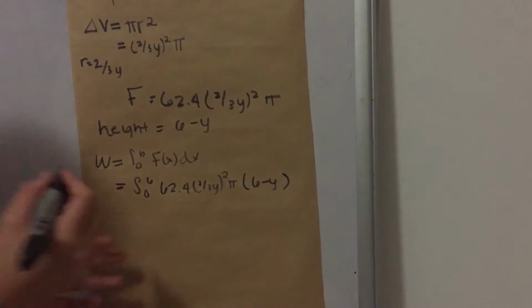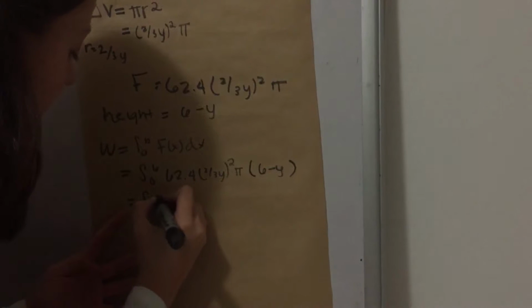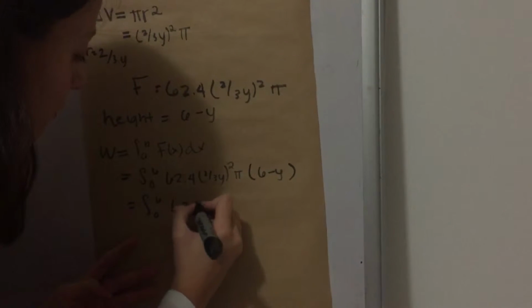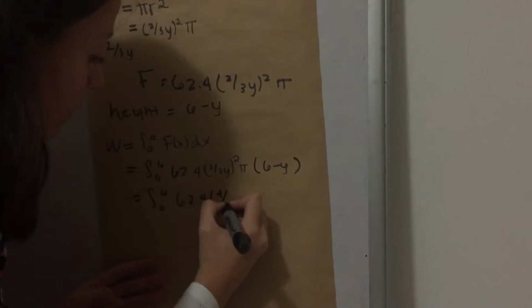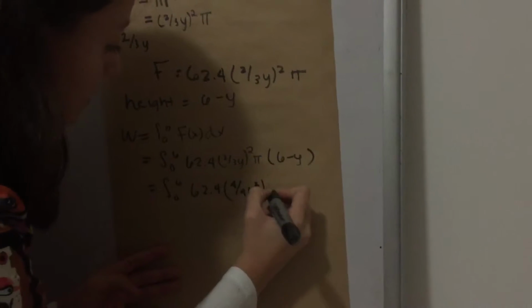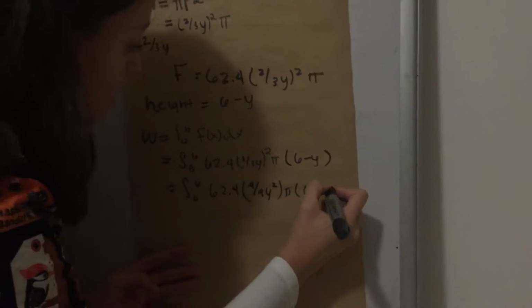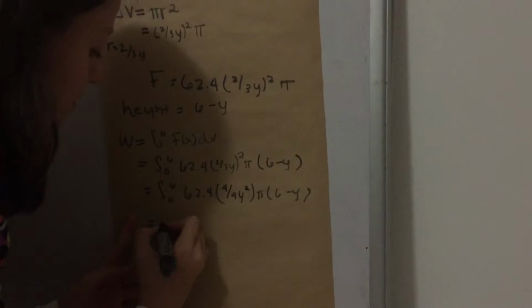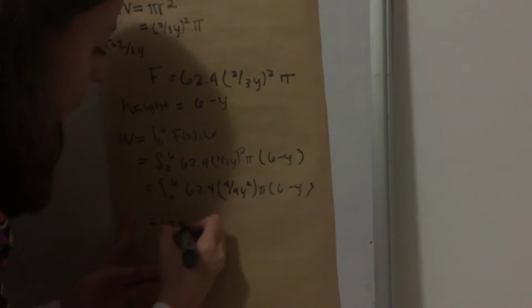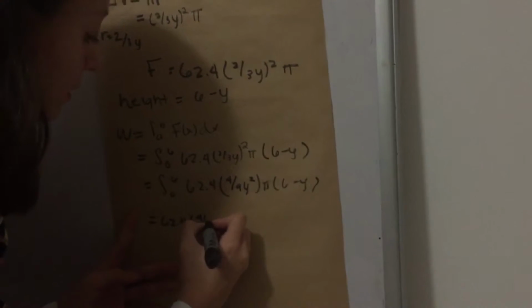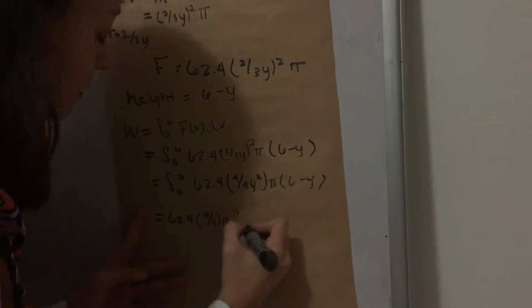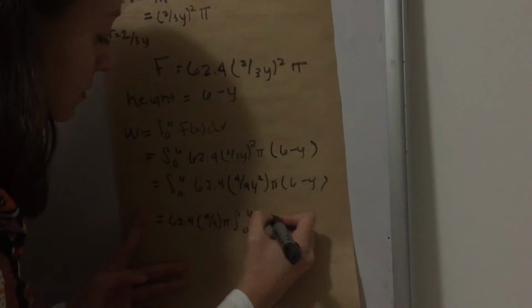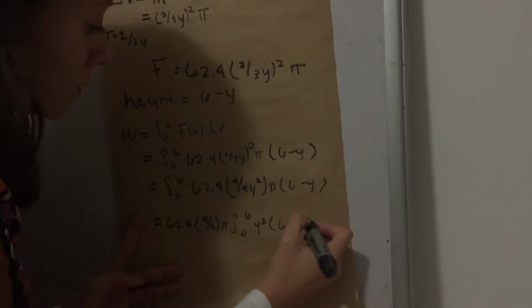We can then continue solving out your integral. 62.4 times 4/9 y squared pi times 6 minus y. Take out your constants. 62.4 times 4/9 times pi. The integral from 0 to 6 of y squared times 6 minus y.